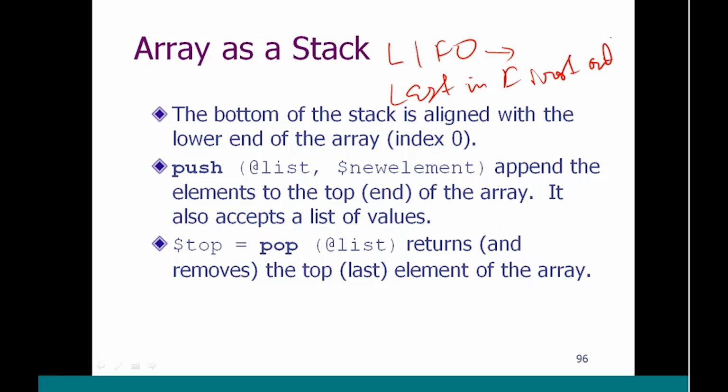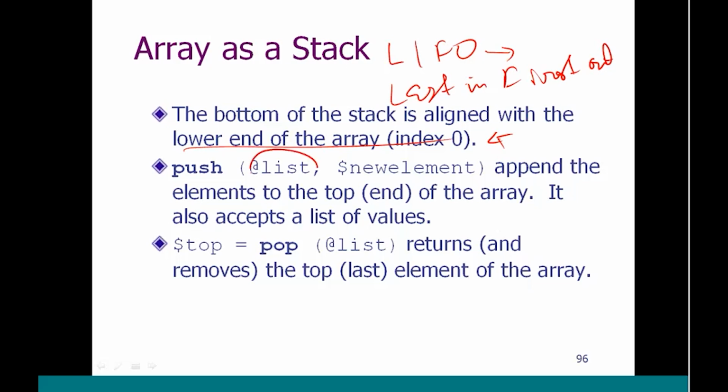So how do we implement this kind of complex data structure? One thing to notice when we talk about stacks, the stack is still aligned at the lower end of the array as the index 0. This is one key thing why we can easily access it, and if it is not aligned, then the data can get corrupted. So what we do is we can push a list with the new element.